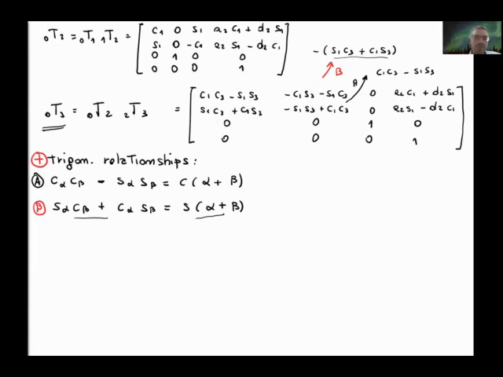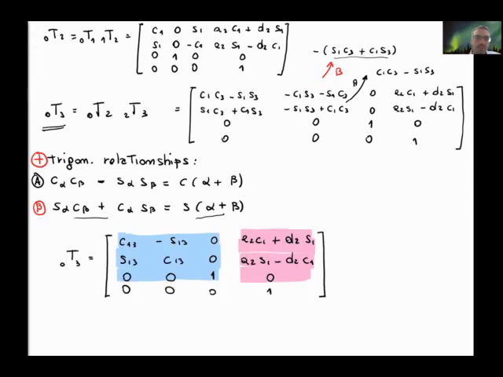With a minus, again, it becomes this term. Then we have cosine of 1 cosine of 3 minus sine of 1 sine of 3, and this is cosine of 1 plus 3. And the others are similar.